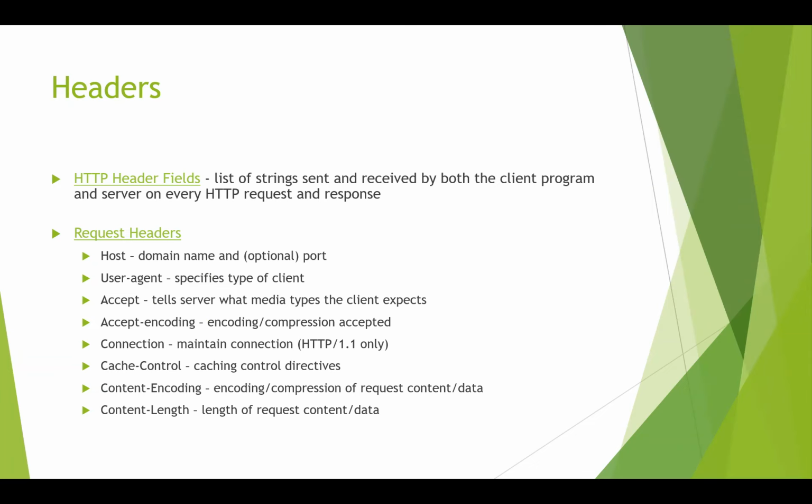Now what we want to do is look at the headers that comprise the metadata that is passed between the client and the server, and also from the server back to the client. Essentially it is a list of strings that are sent and received by both the client program, in this case the web browser, although technically not exclusively a web browser.